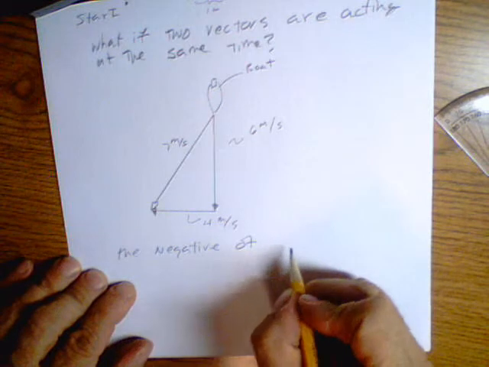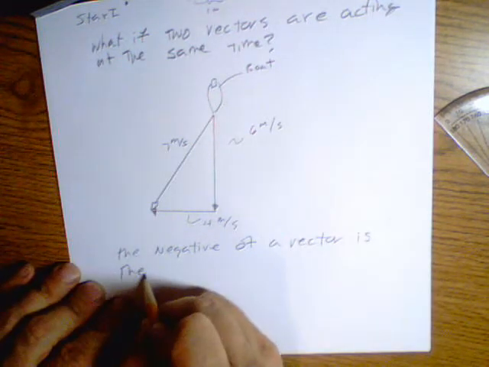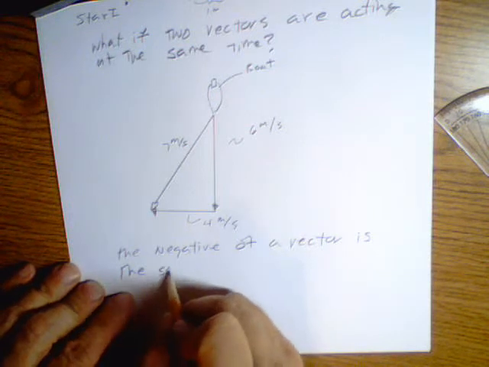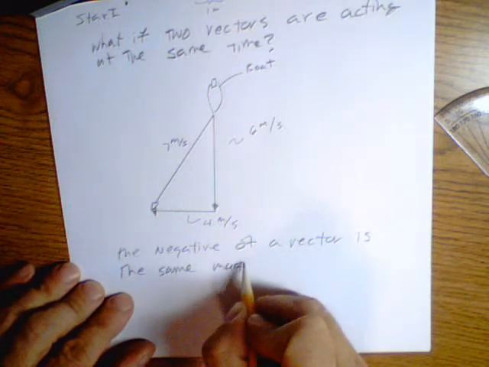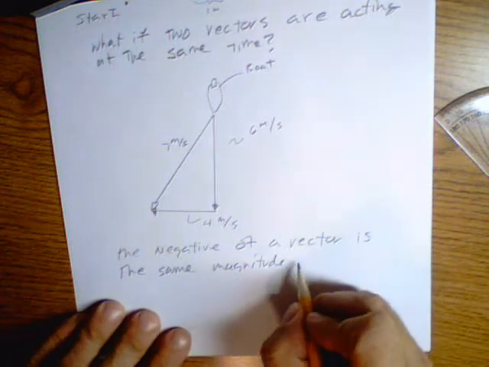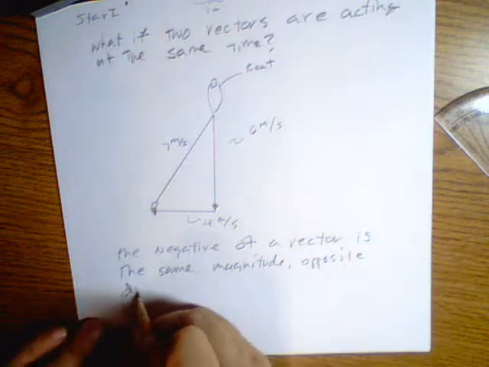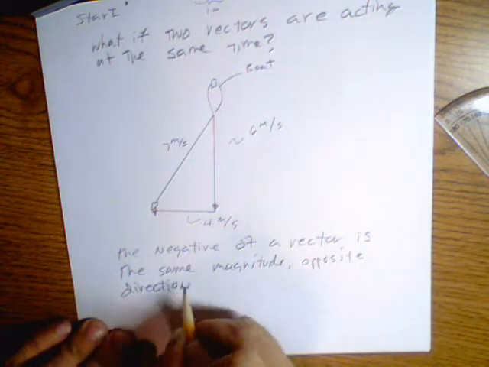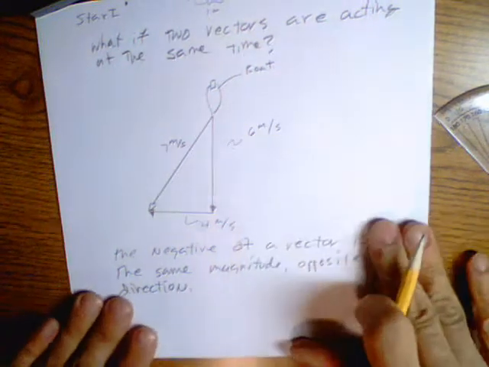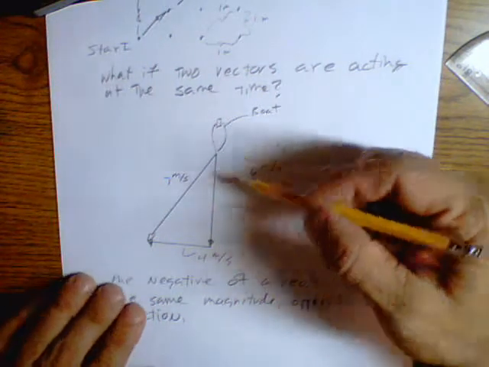So the negative of a vector is the same magnitude but opposite direction. So the negative of this vector would be negative 6 meters.